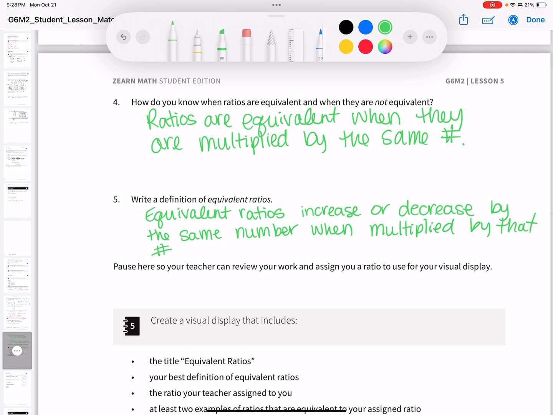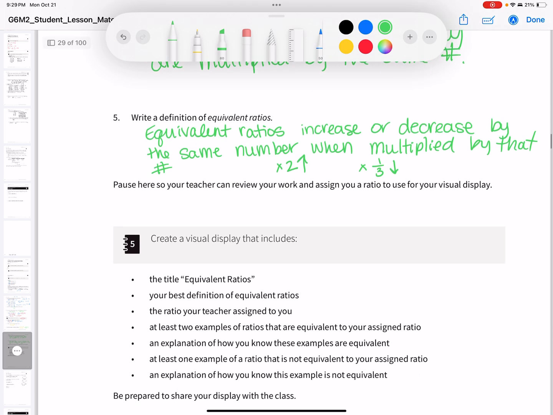So an example would be multiply each side or all the ratios by 2, or multiply it by 1/3. So they would increase with multiplying by 2, and they would decrease by multiplying by 1/3.